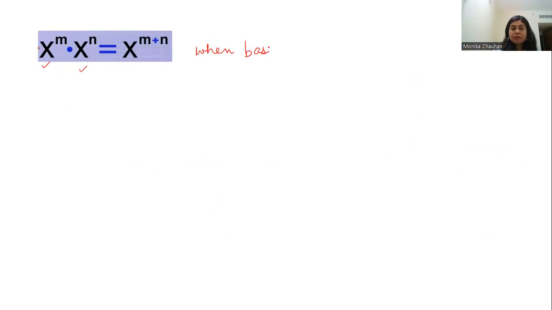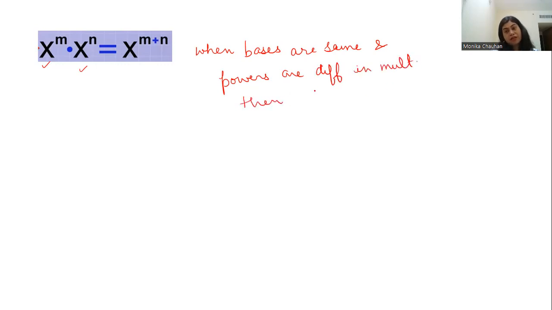When bases are the same and powers are different in multiplication, then in the answer, you add the powers.